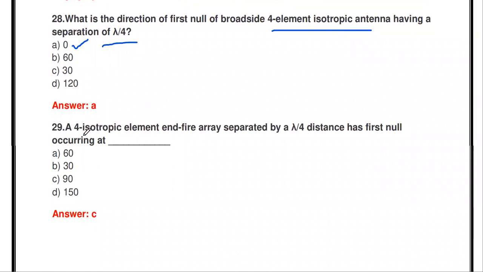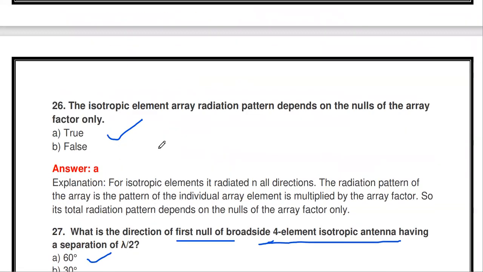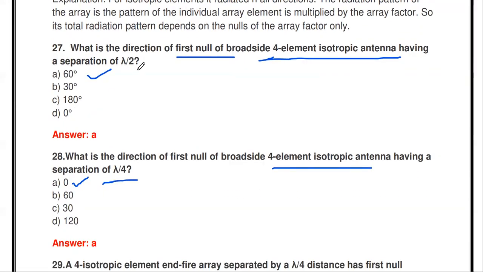Then the next one: a 4 element end fire array separated by lambda by 4 distance has the first null occurring at dash. It's 90 degrees. In the previous questions we discussed two things, 27 and 28.